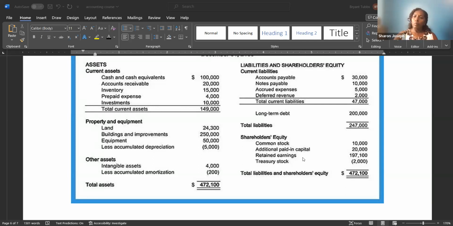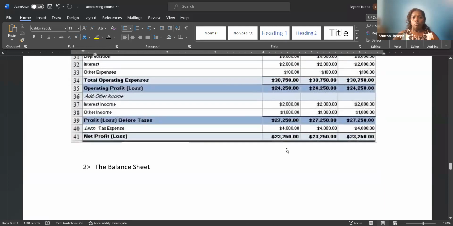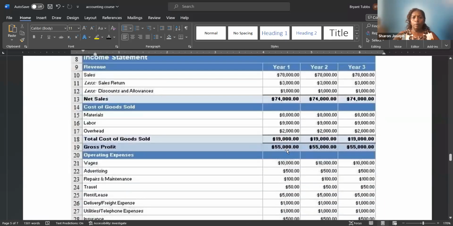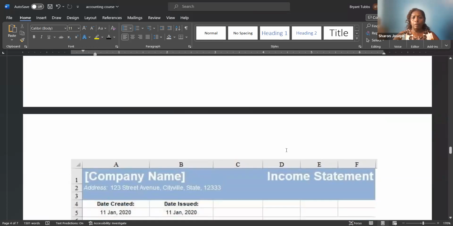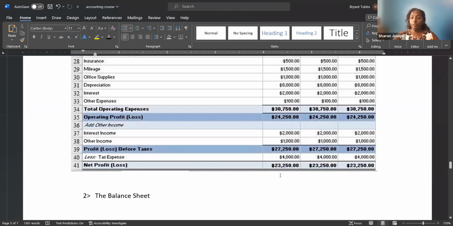And this is a good segue into making sure that you understand retained earnings is basically how you tie in your income statement and your balance sheet. Let's go back up a little bit. So in this case, for this year, our net income was $23,250.